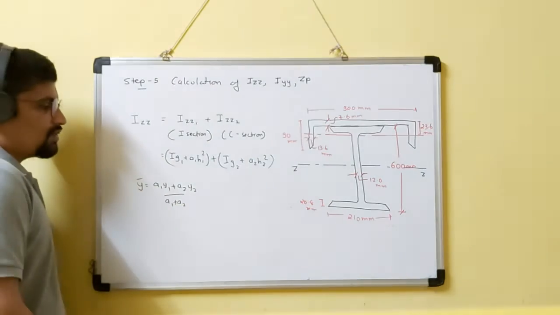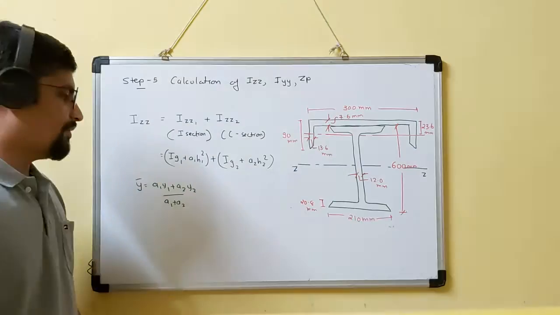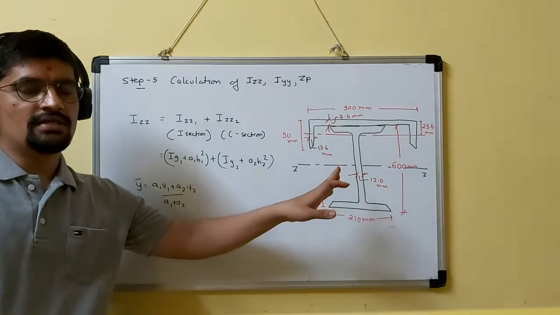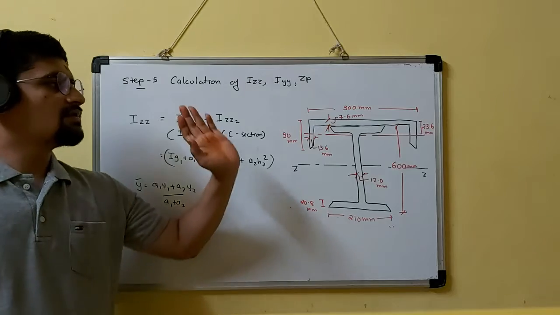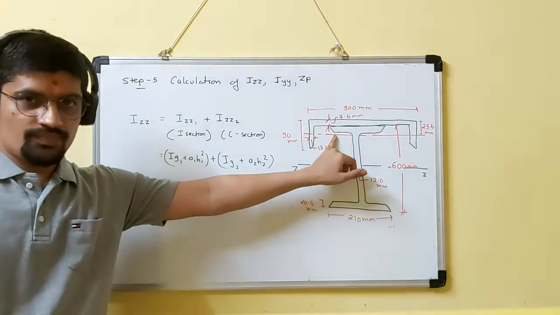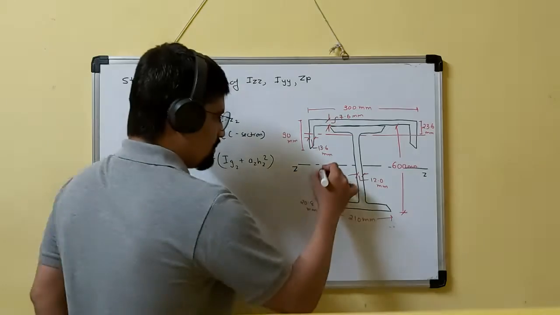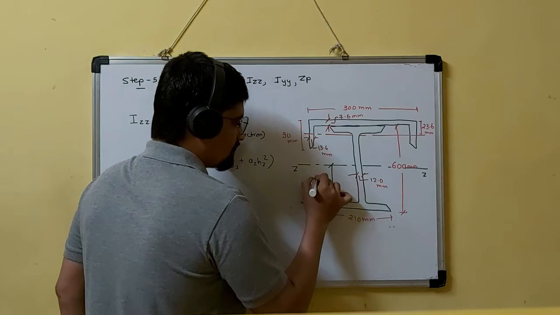So what is Y bar? Y bar is the centre of gravity of both sections together. Y1 is the distance from the CG of the I section to the bottom of the I section, and Y2 is the distance from the CG of the C section to the bottom of the I section. Our Y1 will be from here to here, which is 600 by 2, that is 300 mm.